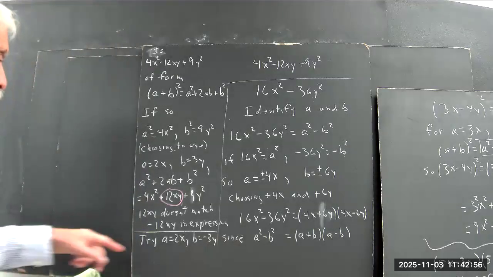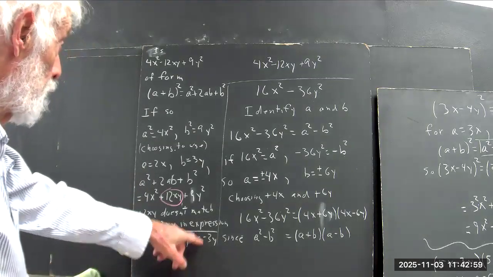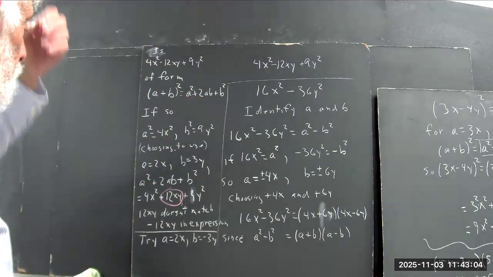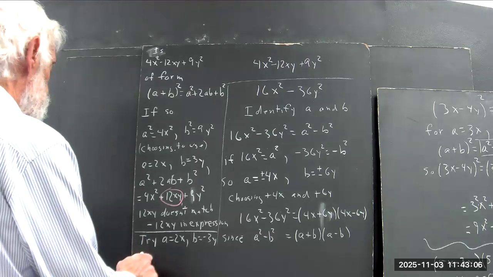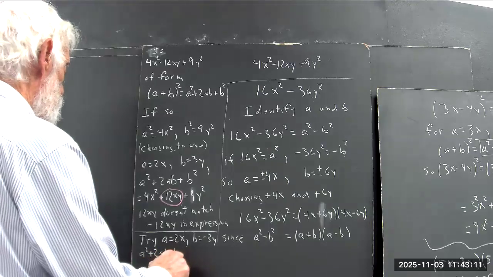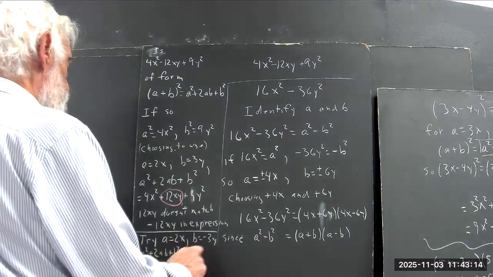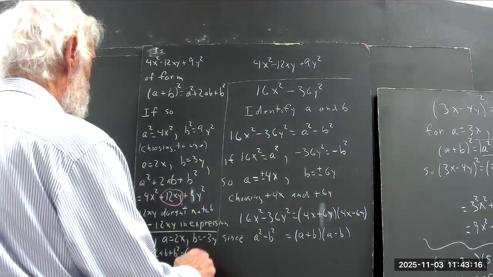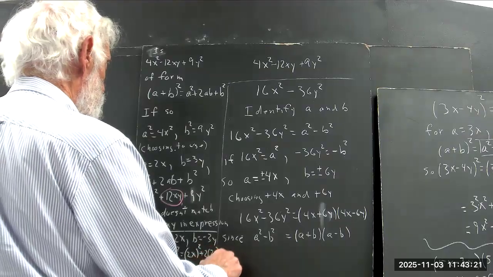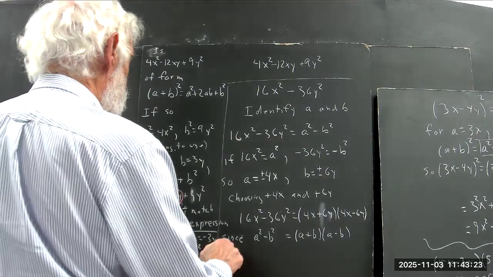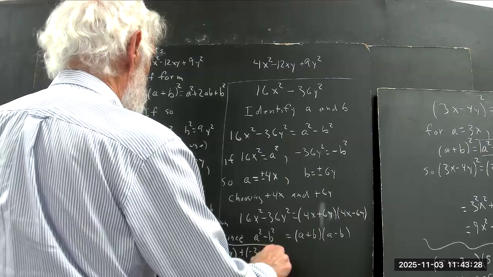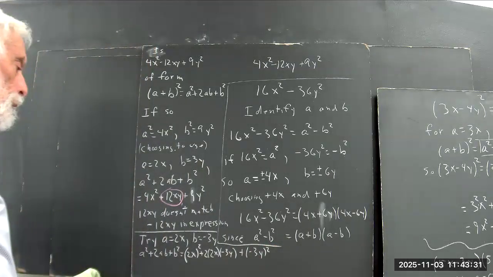Well, if you plug A equals 2x and B equals negative 3y into A squared plus 2AB plus B squared, this is going to equal the square of 2x plus 2 times 2x times negative 3y plus the square of negative 3y.